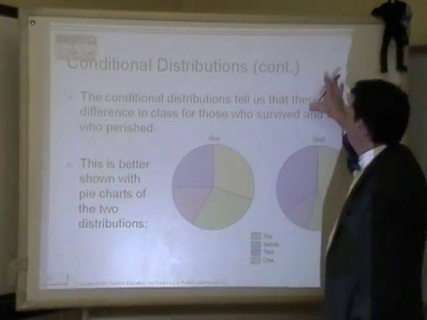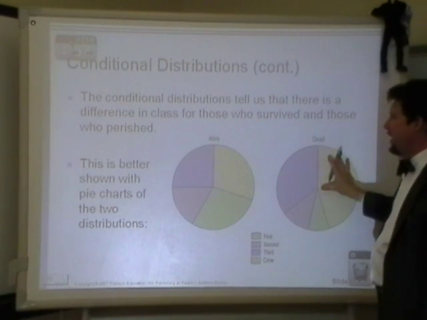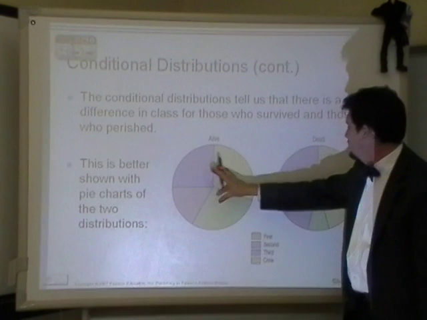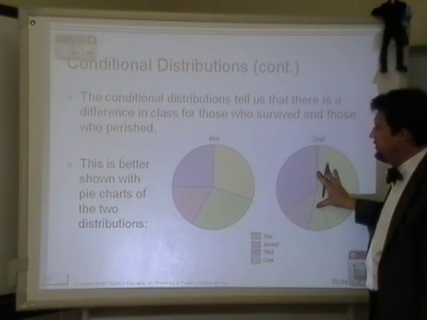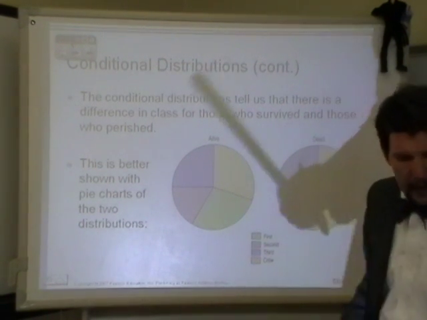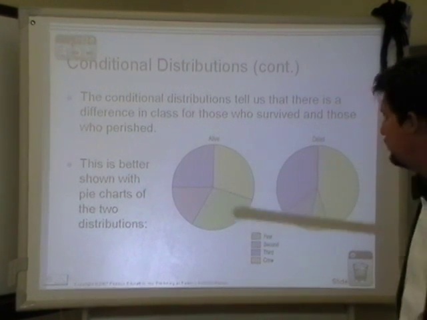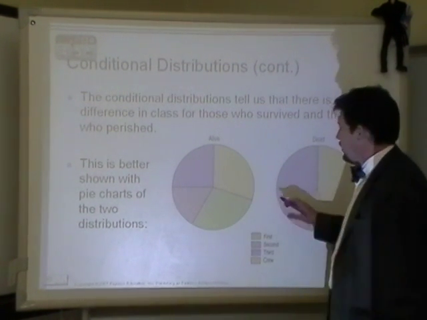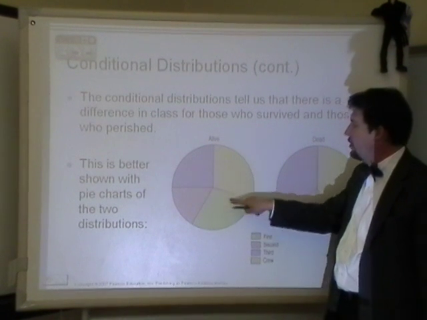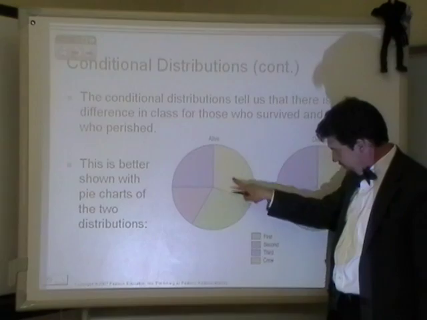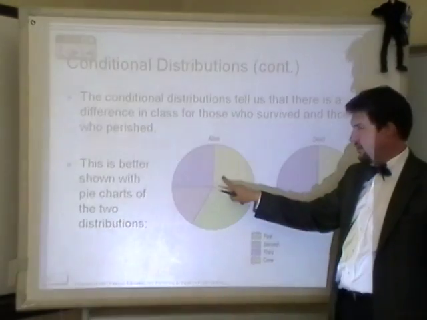Now we've got conditional distribution, and what I have is a comparison here between the alive data and the dead data. If we go back up, what we saw from the conditional distribution with the data is that these are fairly consistent.